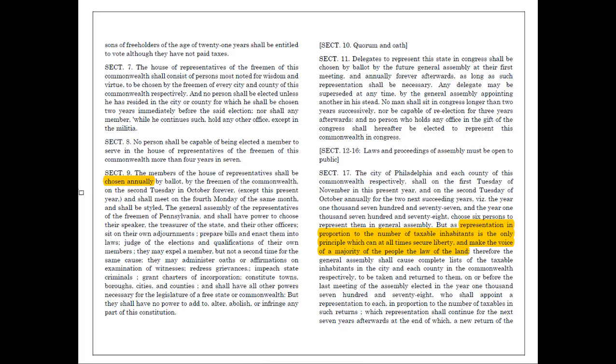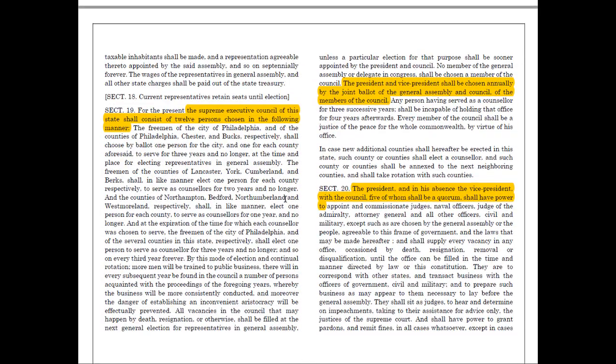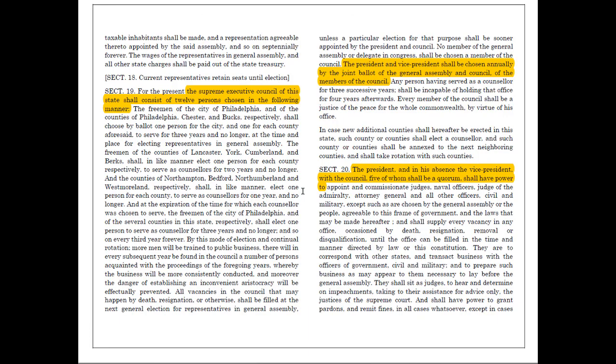If we look in Section 17, "But as representation in proportion to the number of taxable inhabitants is the only principle which can at all times secure liberty and make the voice of a majority of the people the law of the land, therefore the General Assembly shall cause complete lists of the taxable inhabitants to be taken, and which representation shall continue for the next 7 years afterwards, at the end of which a new return of the taxable inhabitants shall be made, and a representation agreeable thereto appointed by the said assembly, and so on septennially forever."